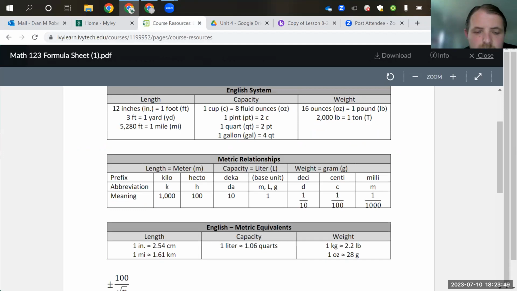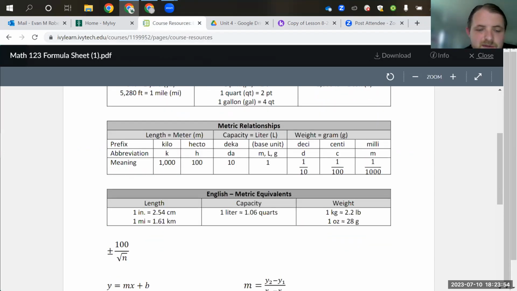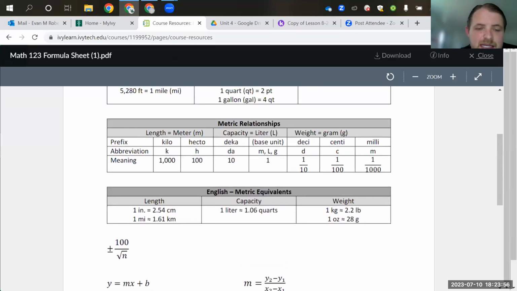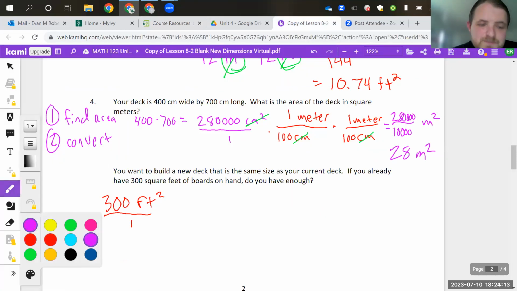Why am I goofing up here? That's kind of frustrating. You're given the inches to centimeters, and you have feet and meters. So there's some kind of goofing around here we're going to have to do.